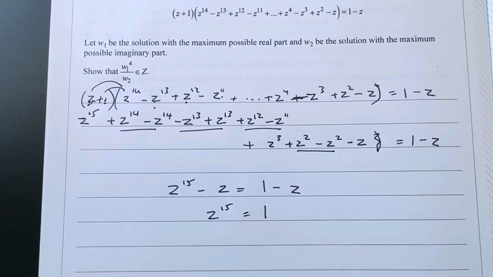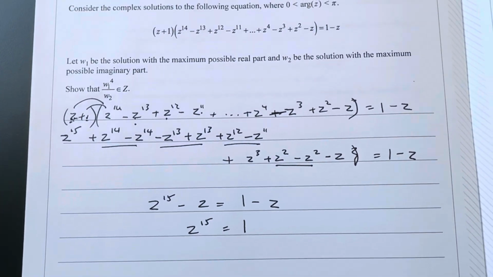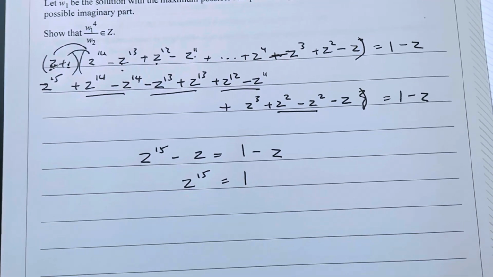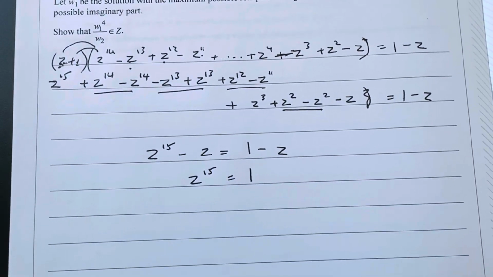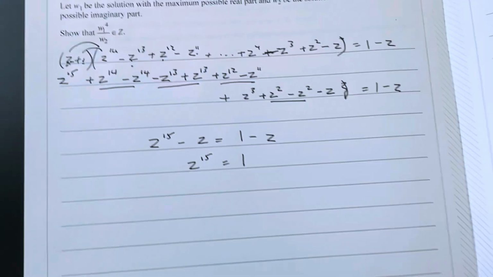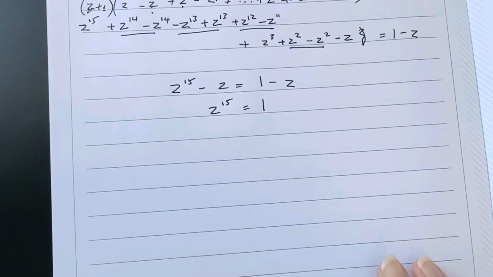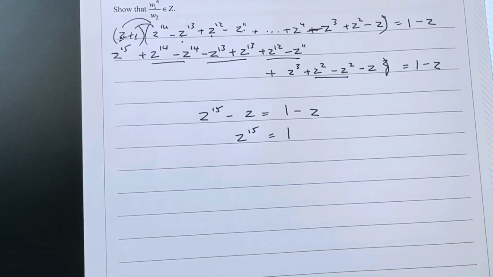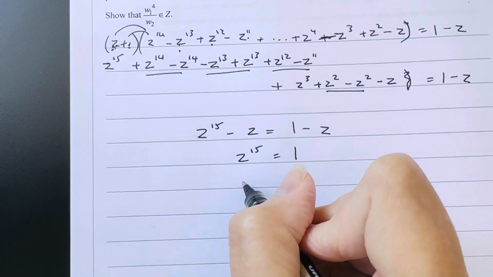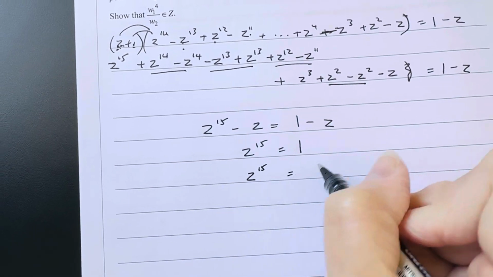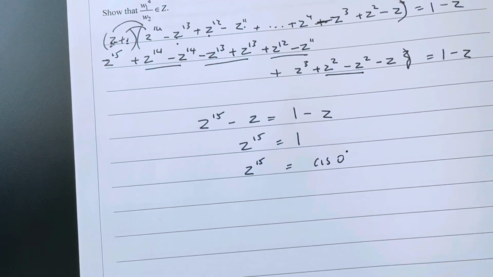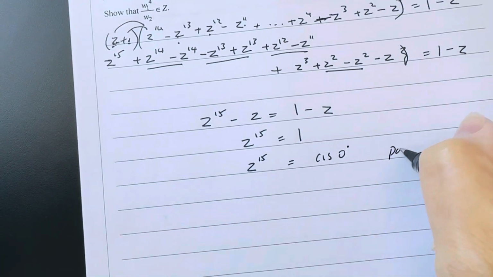So that all simplifies down, and we need to start thinking about our roots of unity, don't we? Z to the 15 equals 1. Now, some people can directly write the solution from there. If you need a bit of prompting, if you're thinking, oh, working my way through because I've forgotten, 1 is cis 0 in terms of a particular solution.